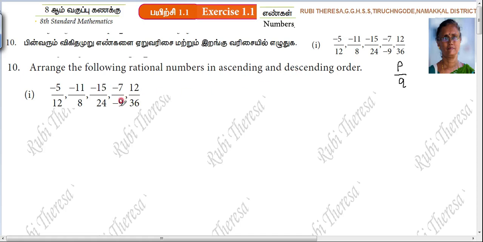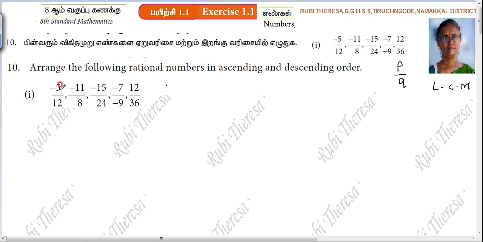Yes, the denominator should be the same. To make the same denominator, what is the procedure? Yes, finding out the LCM.